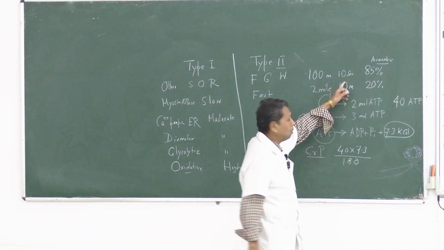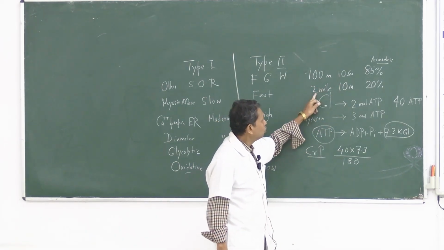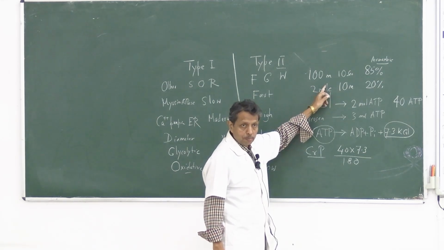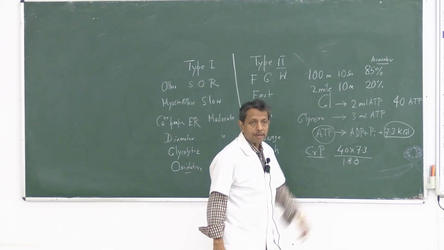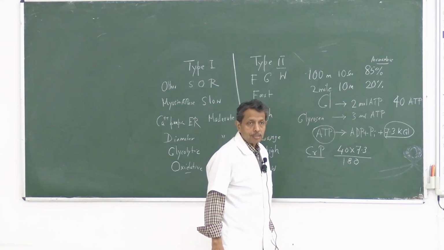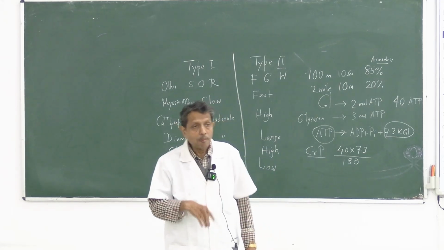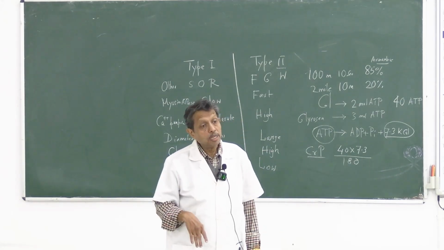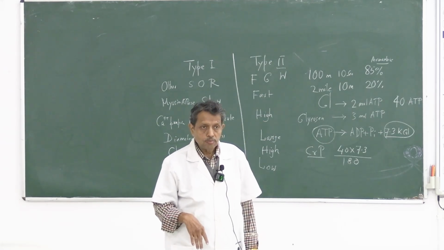Then it is slower, because it is not possible to accumulate this much lactate, so automatically speed will be lower, and the rate of production of lactate is reduced.